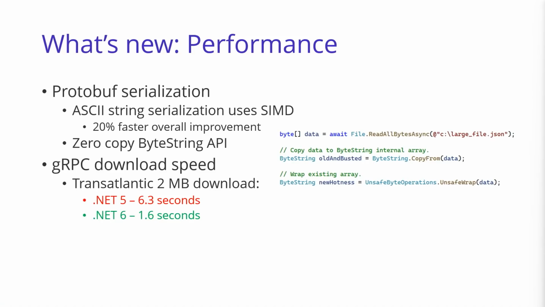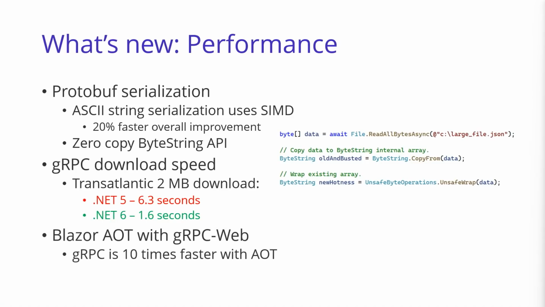And if there is, it will just automatically increase the buffer size. And that allows a faster continuous download speed. So this example I've given here, we've got a transatlantic 2 megabyte download from America to Europe. .NET 5, it took over 6 seconds. .NET 6, only 1.5 seconds. So significantly faster.